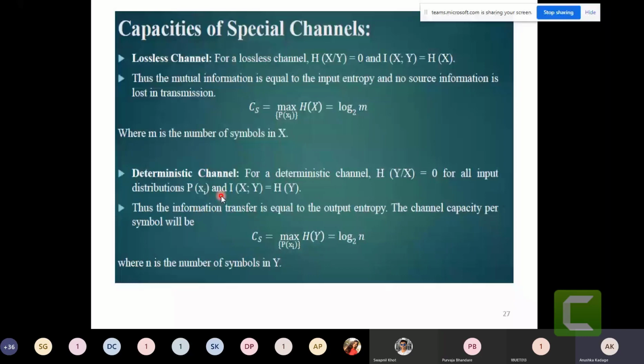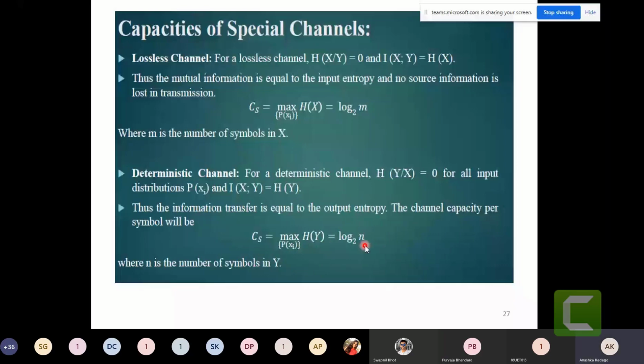And so here I(X;Y), that is the mutual information in the case of the deterministic channel, will come out as H(Y). And because of that, the channel capacity per symbol will come out as the maximum of H(Y), which is nothing but log of n to the base 2.